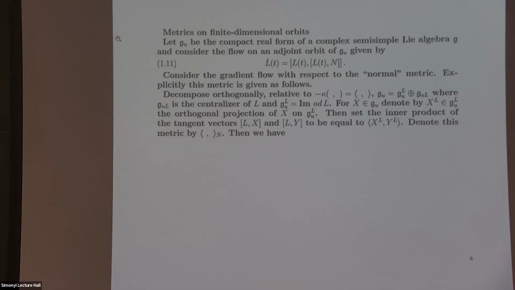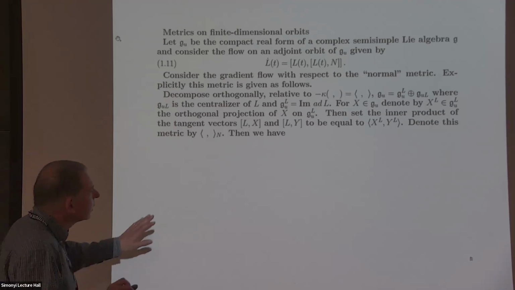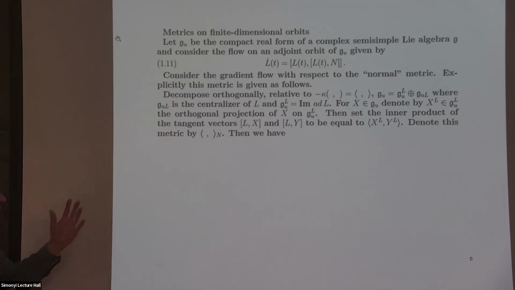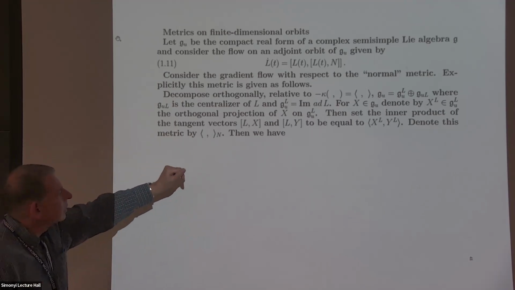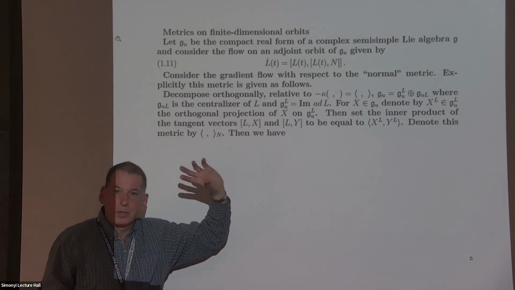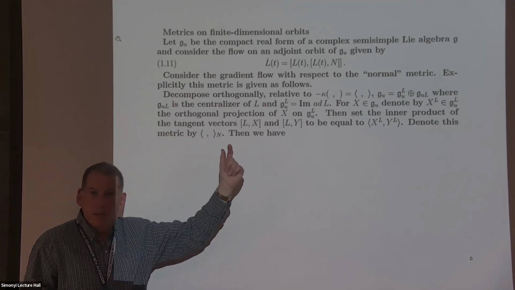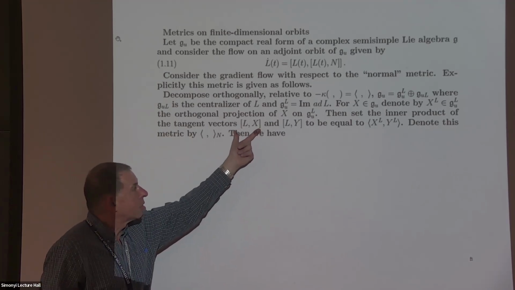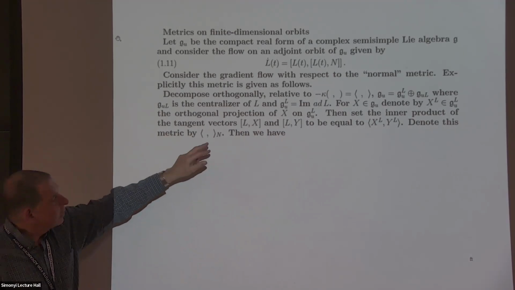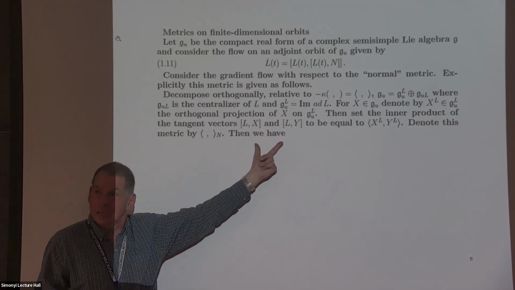I'll stop here since I've run out of time, but just one last slide. How do you get the metric on an orbit, just for a moment? If I take an orbit, you're just acting by the group. So tangent vectors of the orbits are things of the form L bracket X and L bracket Y. And then really the different metrics are just how you pair these together.